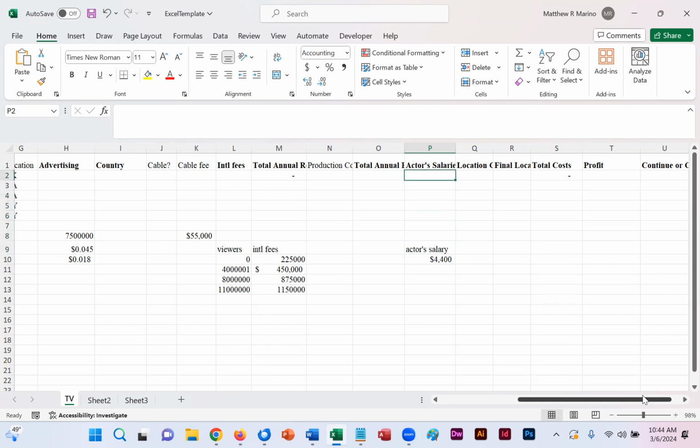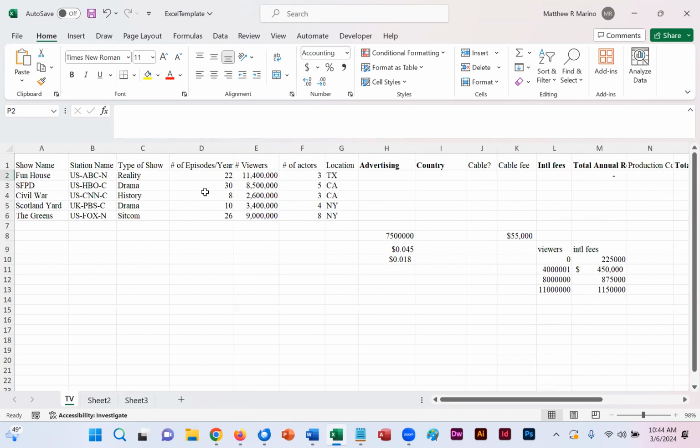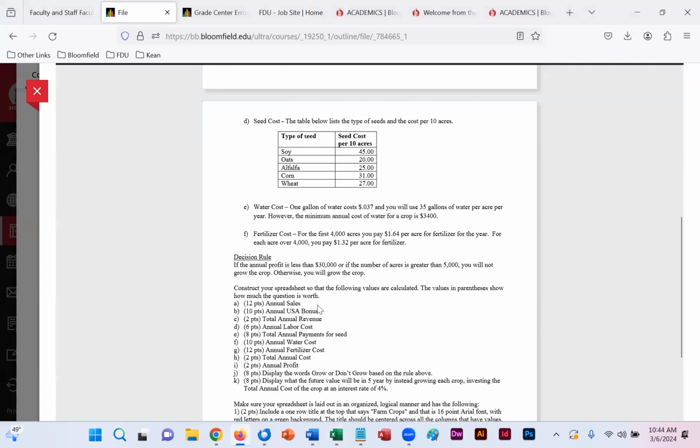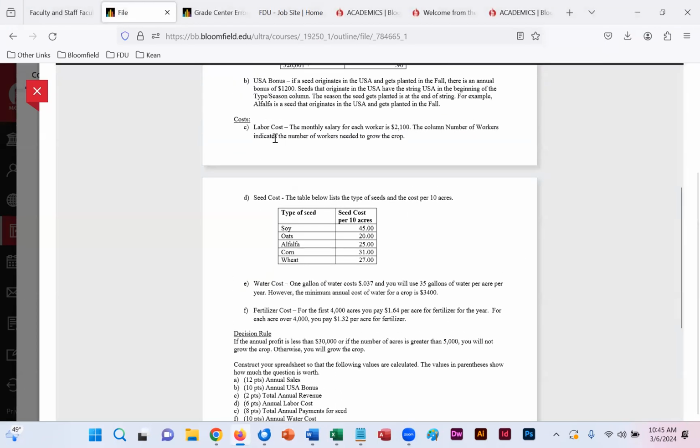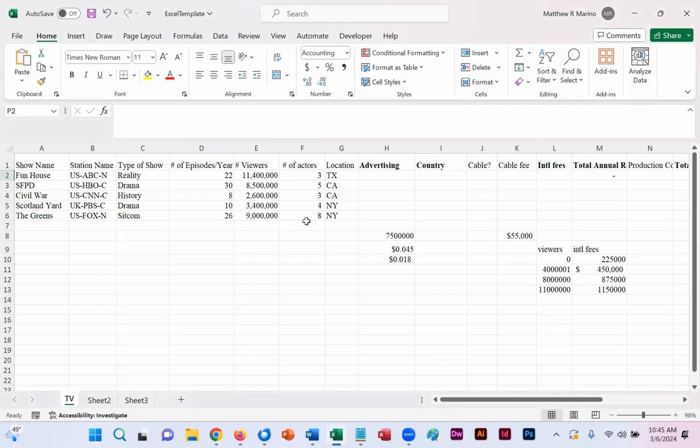So that would be equals the absolute of the 4,400. So this way you can autofill it down times number of episodes per year from column D times number of actors from column F. So basically the same formula as the labor cost from what we did on Monday, except the columns might be different depending on the information you need.